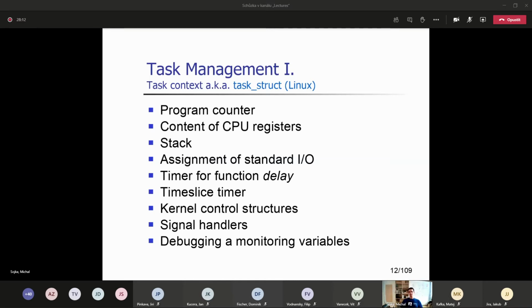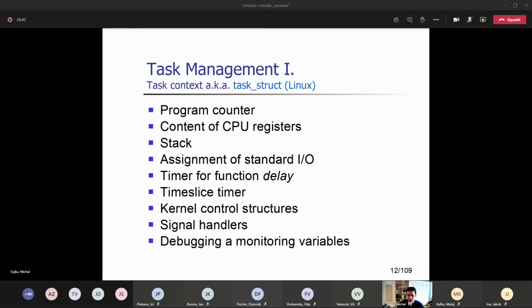The one thing to understand is that under VxWorks, as in any other operating system, each task is represented by a data structure inside the operating system kernel. This data structure is typically called the task context. If you have ever played with Linux, even Linux has such a data structure.